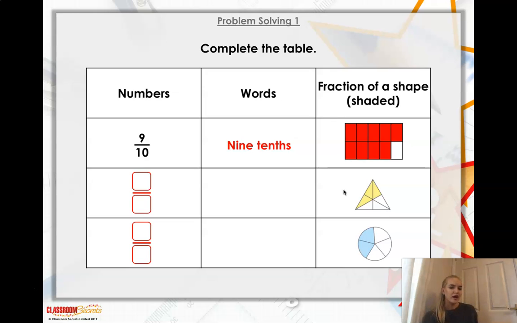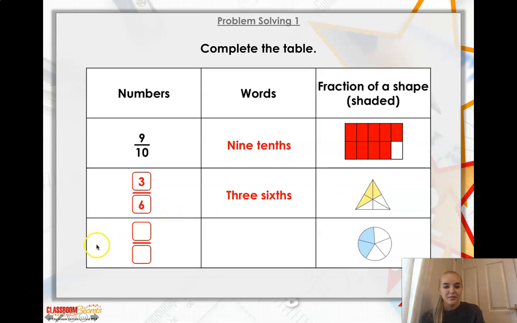What does my numerator represent again? That's right, it represents how many I have shaded. I have shaded in 3 parts. So I know that I have shaded in 3 out of 6 parts. And as a word, we take the numerator and say it first, 3, and then the denominator, 6. So we have found 3/6 from a shape.